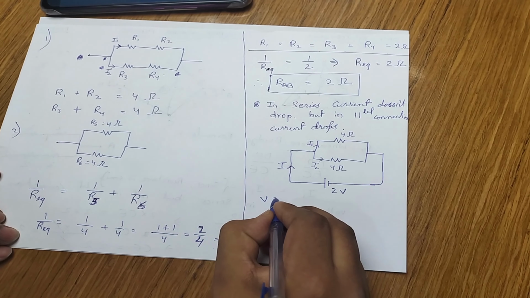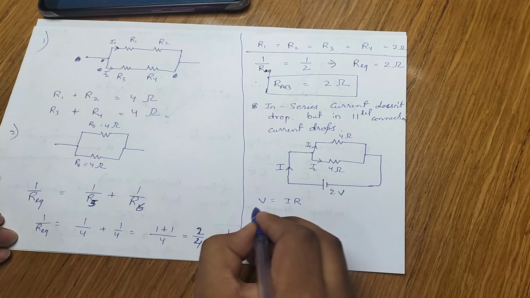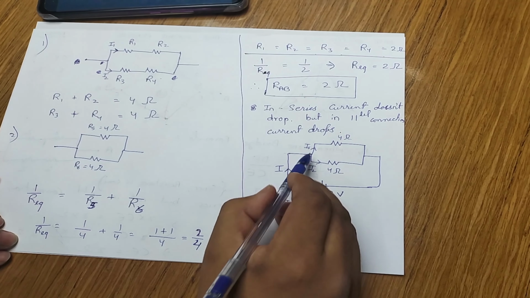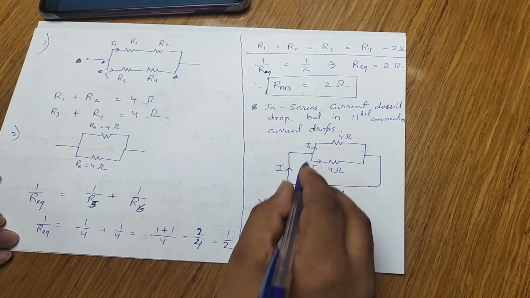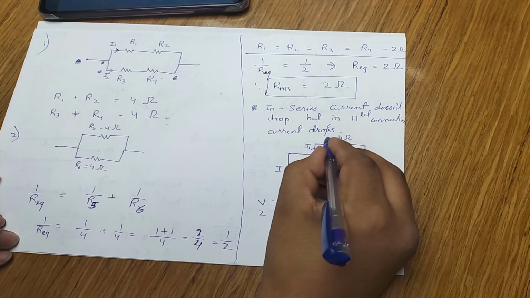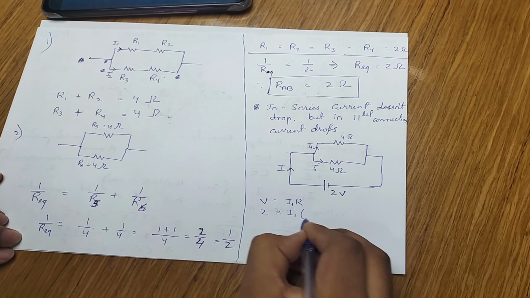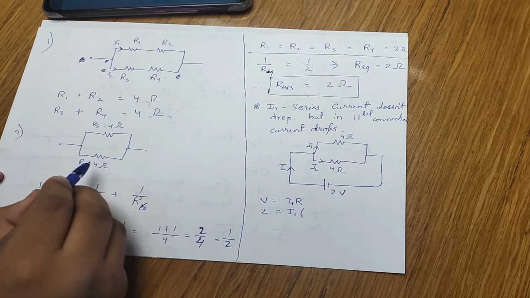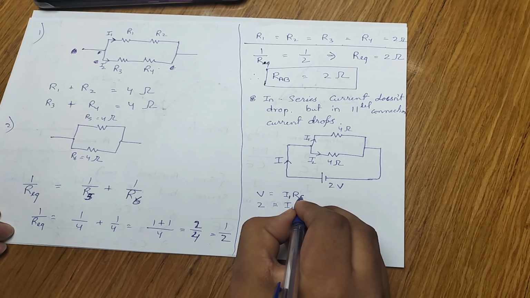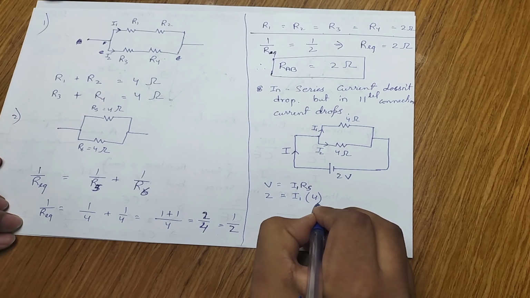Since we know that V equals IR, and the voltage is the same because in a parallel connection the voltage is always the same, V equals I1 times R, and the R value above is 4 ohm.